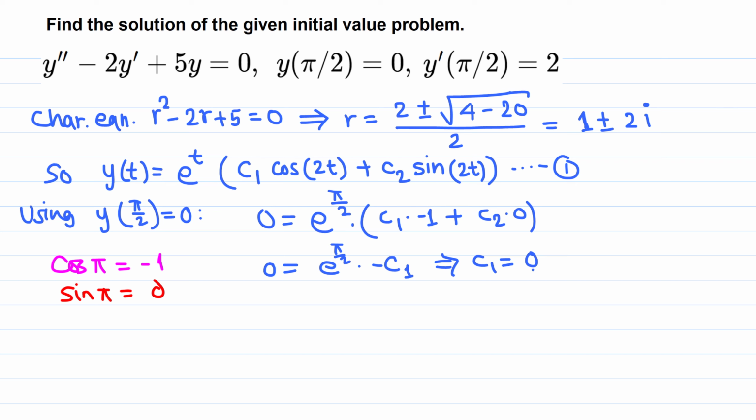Now since c1 is 0, we might want to update the solution, because our solution is here in equation 1 and we are trying to determine c1 and c2. c1 is 0, that helps us simplify, because to apply the second initial condition we need to find the derivative. So before we find the derivative, let's update equation 1.